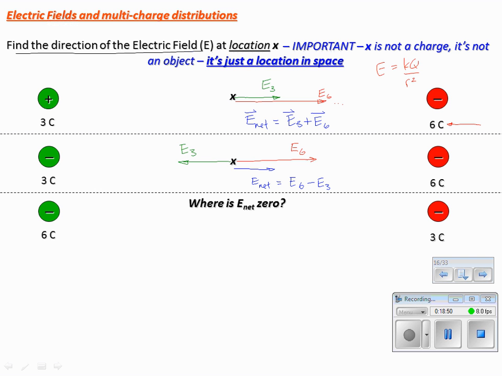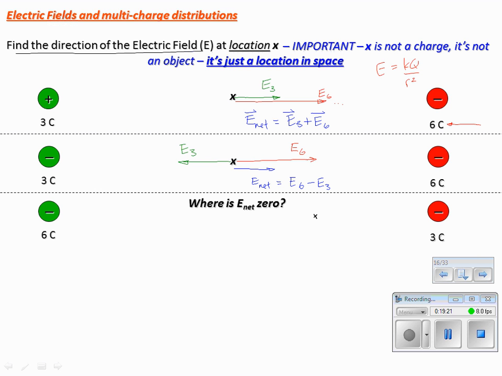Now, where is there a place where the net electric field is 0? You ought to pause and see if you can figure out the answer. Go ahead, pause. Okay, somewhere in here, that's not going to work. It's really going to be somewhere over here, isn't it? If we go over here, we're farther away from a stronger charge.